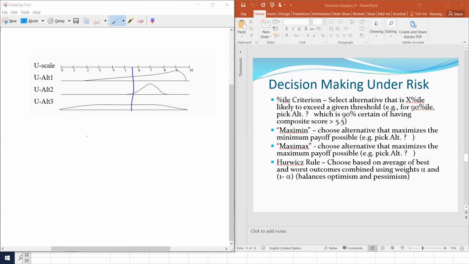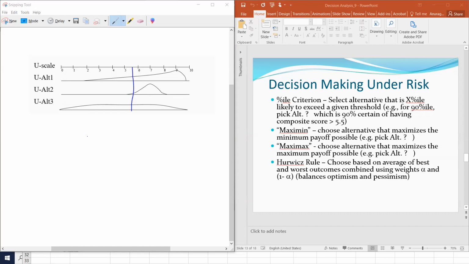Okay. Then there are other types of criteria like maxi-min criteria. You choose the alternative that maximizes the minimum payoff possible. Which one has the highest amount for the minimum payoff? So what's the minimum payoff for alternative 1?